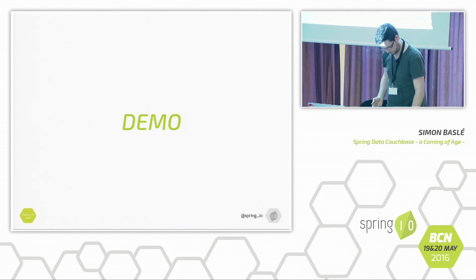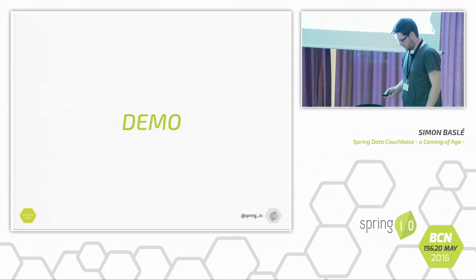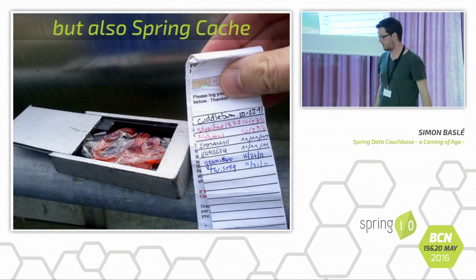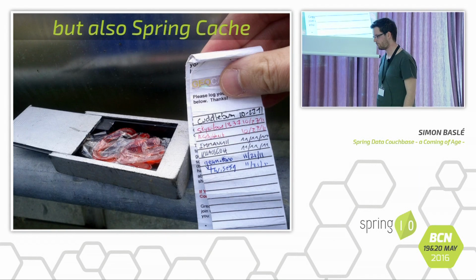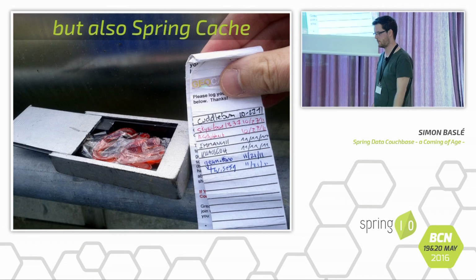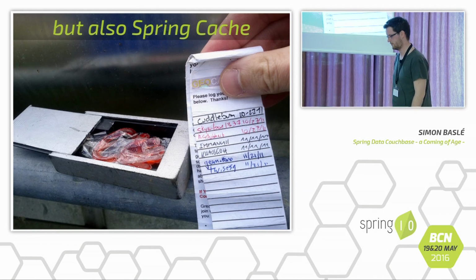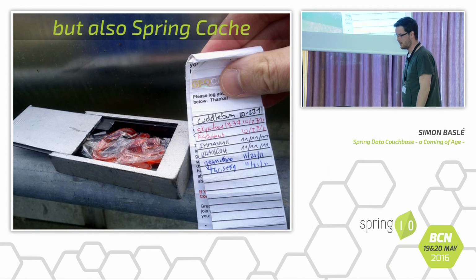All right. So that was Spring Data and Spring Boot, but there is also an integration of Spring Cache, both with Couchbase and Spring Boot. This is caching, nothing to do with geocaching.